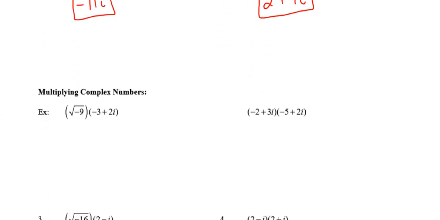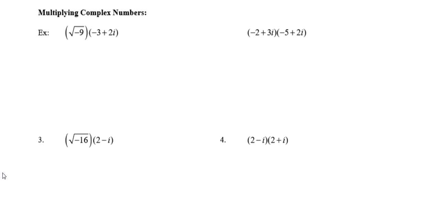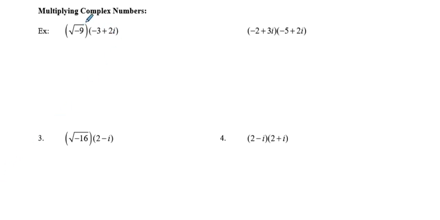And let's take a look now at multiplying complex numbers. Again, here we see this square root of negative 9. So we're just going to simplify that to 3i times the quantity negative 3 plus 2i. And we'll distribute that 3i. So we get negative 9i.